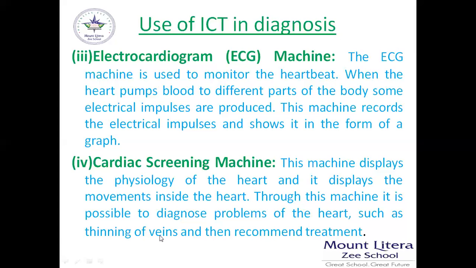Here, a vein is a blood vessel that carries blood that is low in oxygen content from the body back to the heart. That vessel will get thin. So this type of problem can be solved by using the cardiac screening machine.